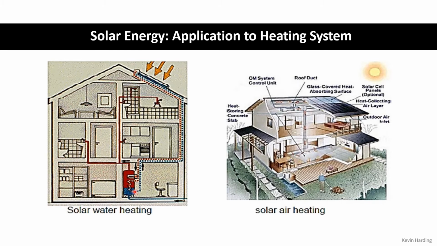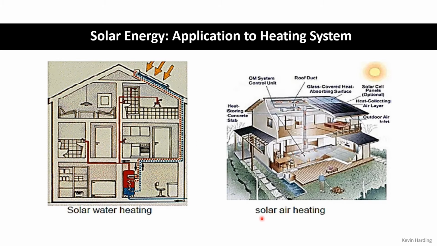So cold water goes through the pipe in the blue, goes up, enters the top of the system, then trickles down, so there'll be a high surface area to volume ratio on this thing here. The sun simply heats up the water, it flows back down into the red pipe, and you can use that hot water throughout the house. So it's for the bath, the shower, the kitchen, whatever else you might need it for.